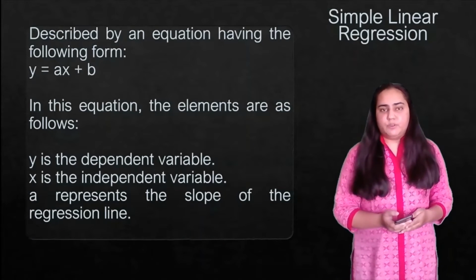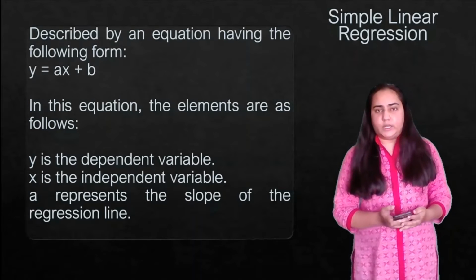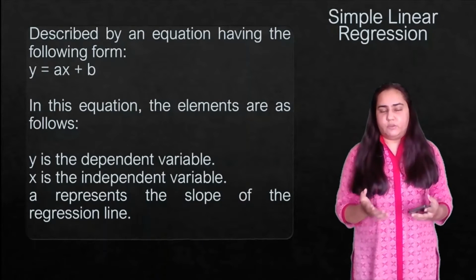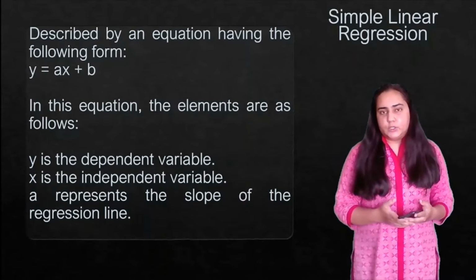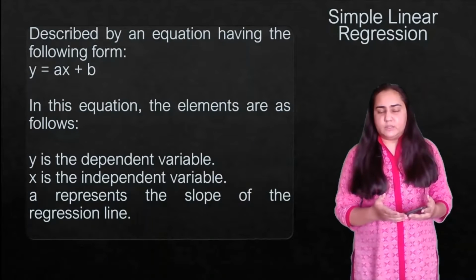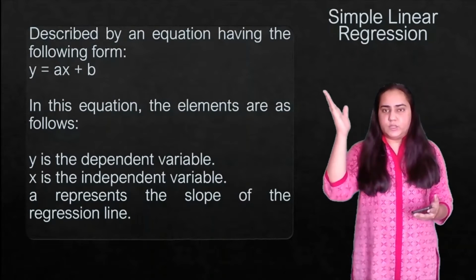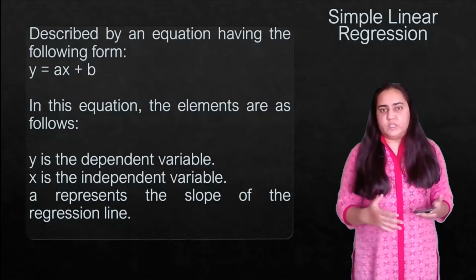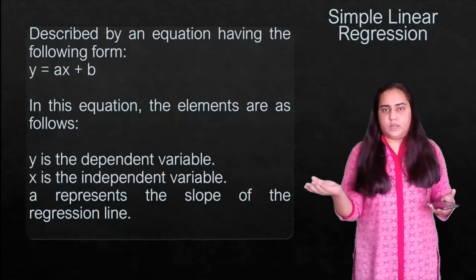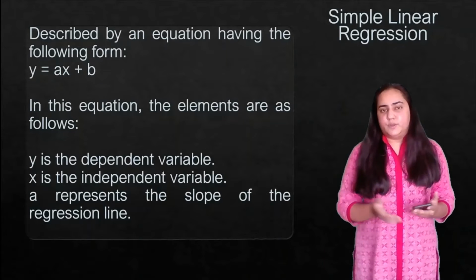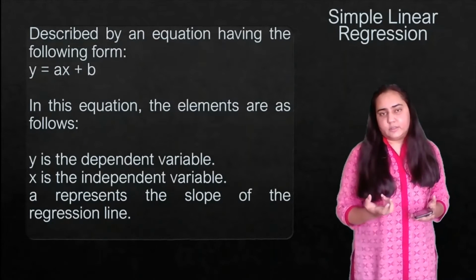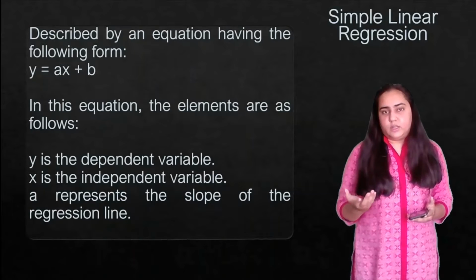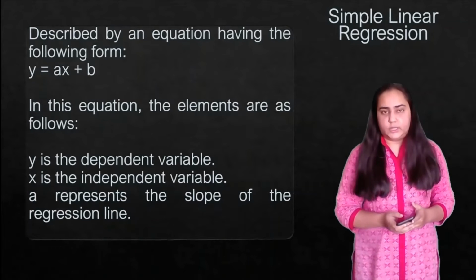And a represents the slope of the regression line, how steep the regression line is. When you see that the line is slanted, that means there is some slope. If you see a completely flat line, it has no slope.